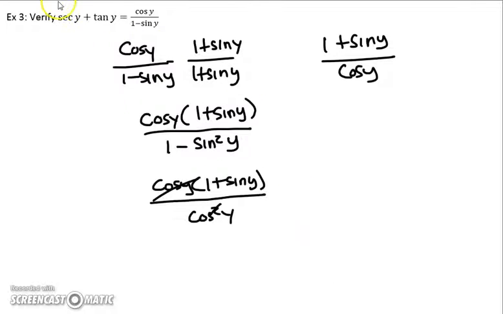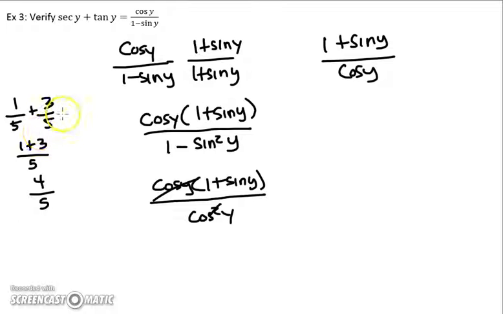Now, looking at our answer, we want secant plus tangent. What we are usually used to doing is if we have something like 1/5 plus 3/5, we're used to writing this as 4/5, right? So in the interim there, what we don't write is 1 plus 3 over 5.